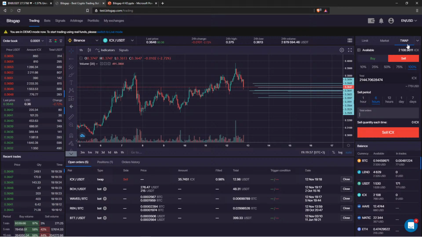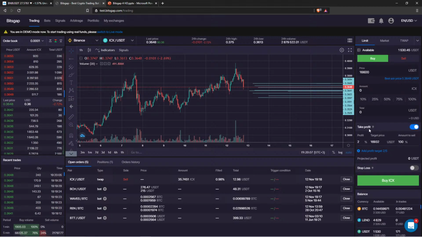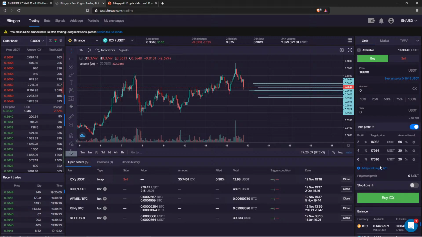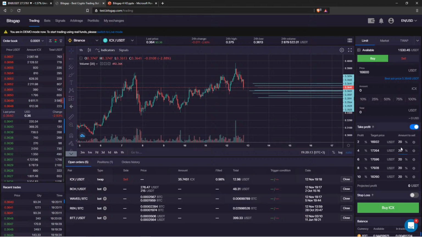What else we have here? So notice that, for instance, in the limit order, you can now place up to 5 take profit prices. So for instance, I want to buy Bitcoin at, no, actually that's icon.